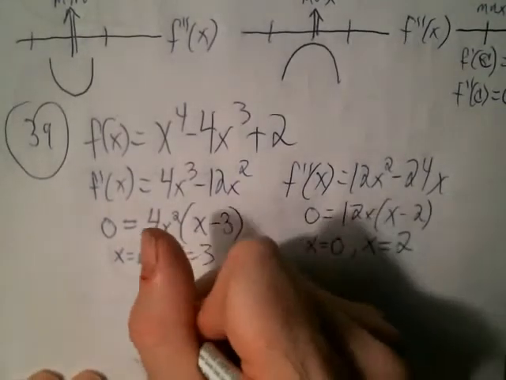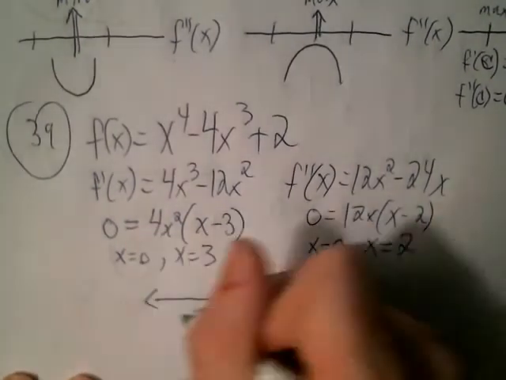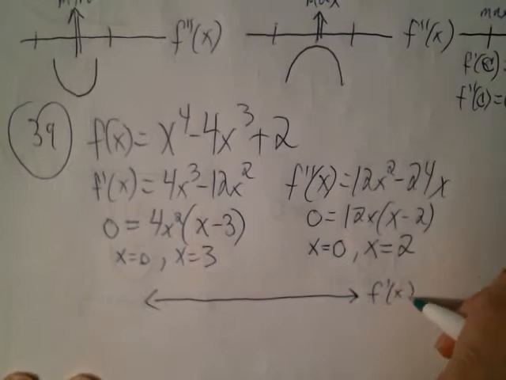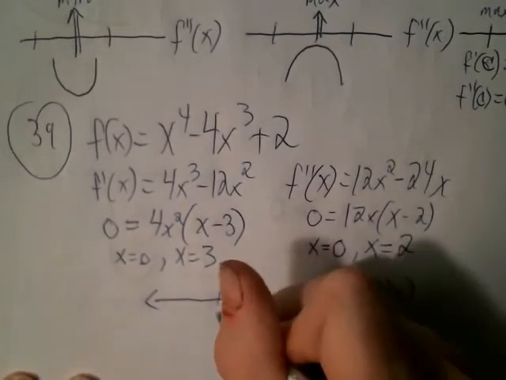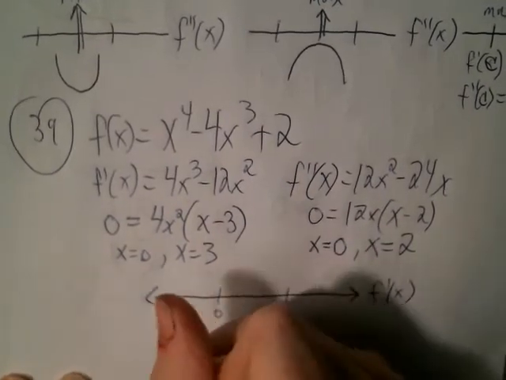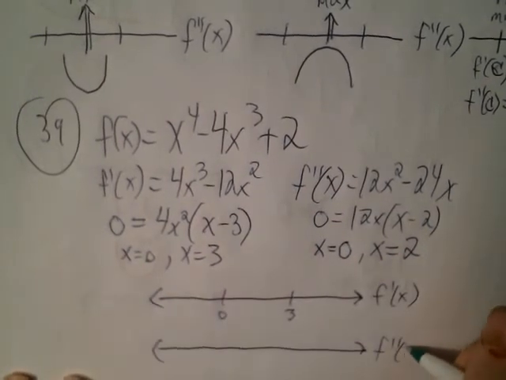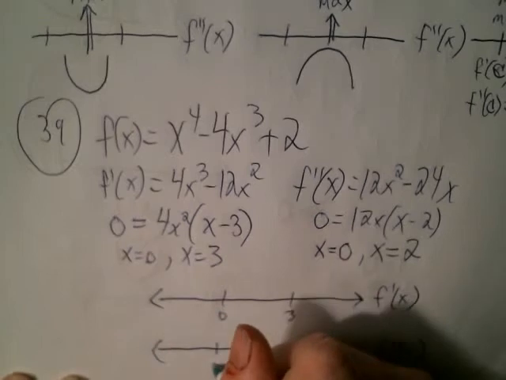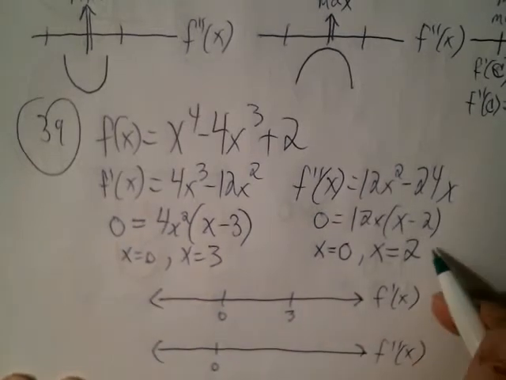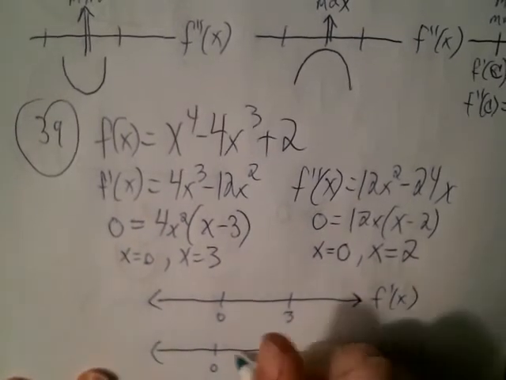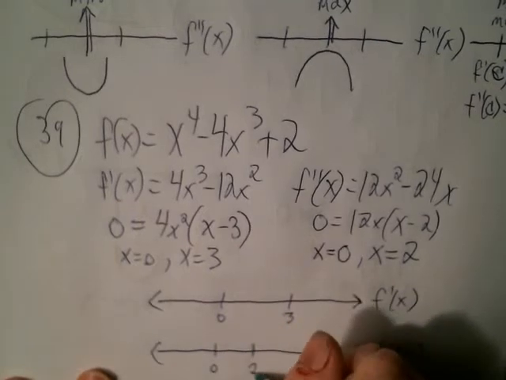Looking at my number lines then, here's f prime of x, critical values at 0 and 3, and then f double prime of x, with an inflection point at 0 and also at 2.